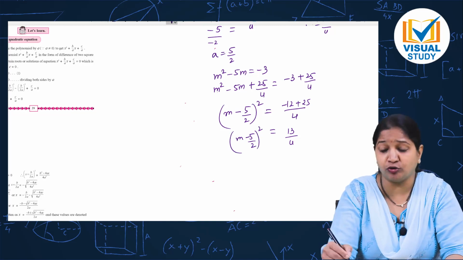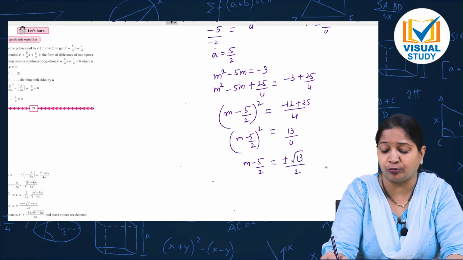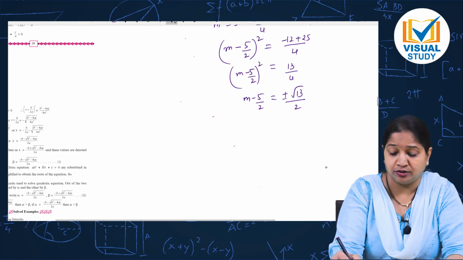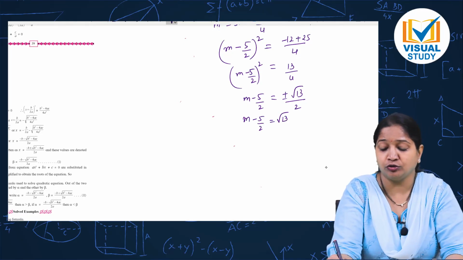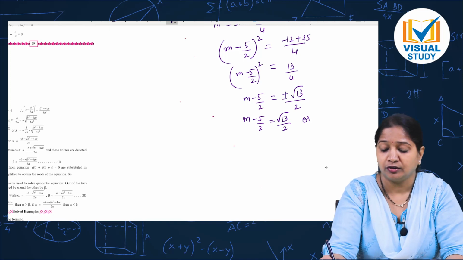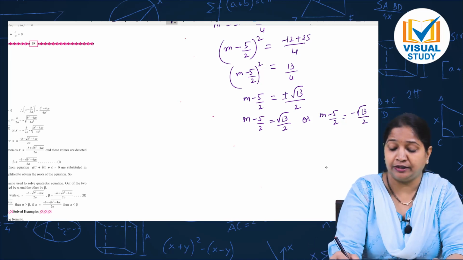Taking out the square root on both the sides, you get m minus 5 upon 2 equal to plus or minus root 13 upon 2. Now m minus 5 upon 2 equal to root 13 upon 2, or m minus 5 upon 2 equal to minus root 13 upon 2.